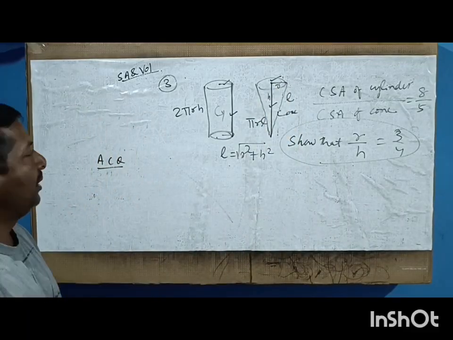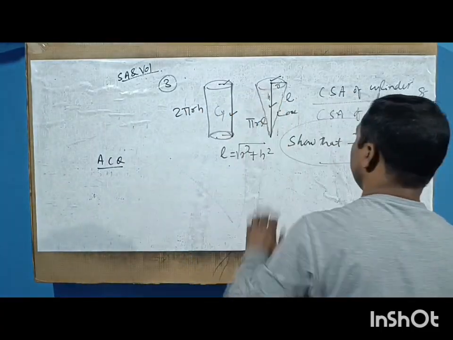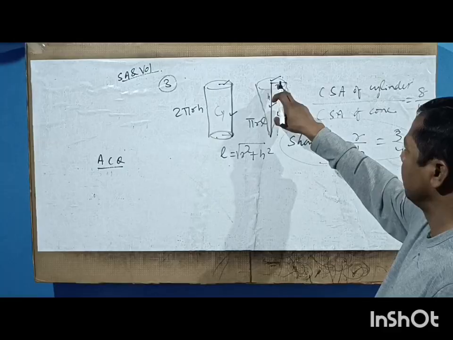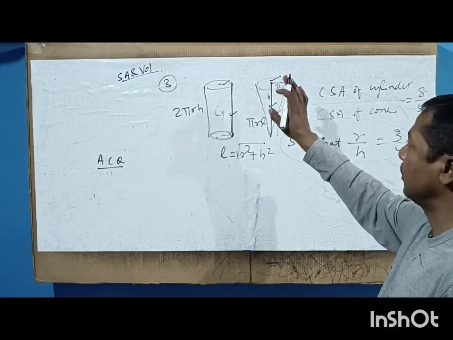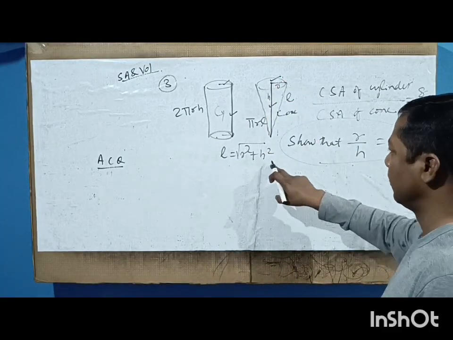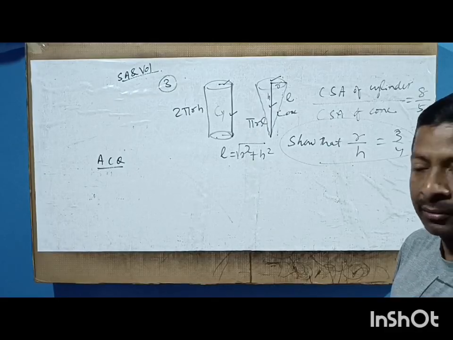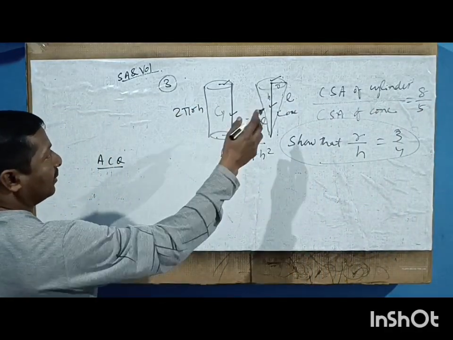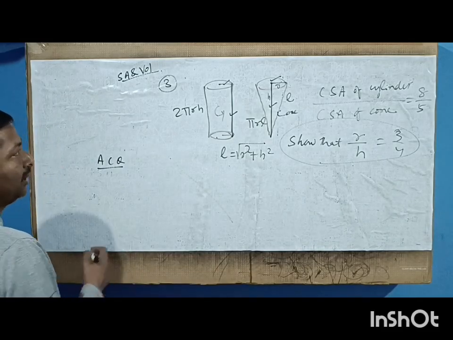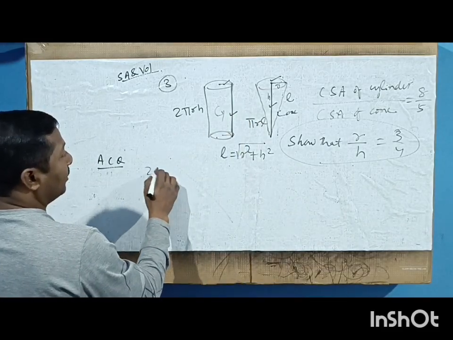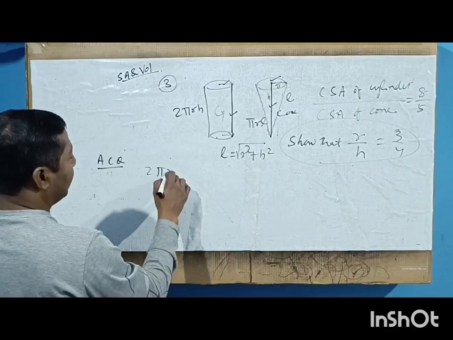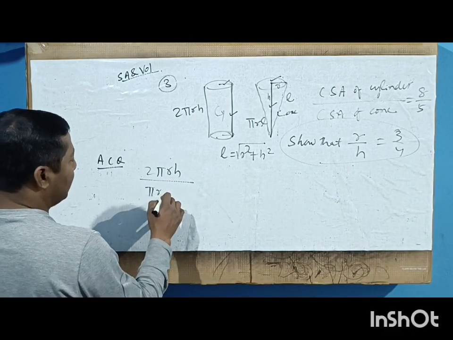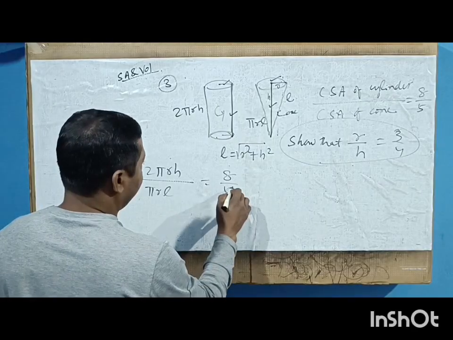Okay. So in case of cone, the relation between the slant height, the actual height and the radius of its base is the Pythagoras theorem formula. So let's write the formula as per the question. CSA of cylinder 2 pi RH divided by CSA of cone pi RL is given as 8:5.